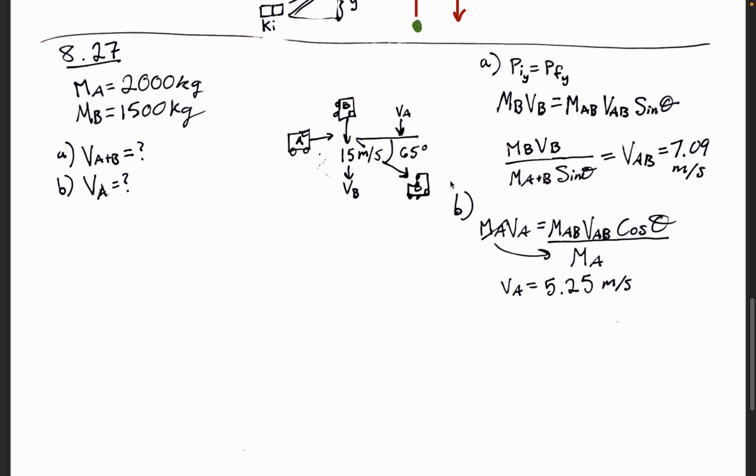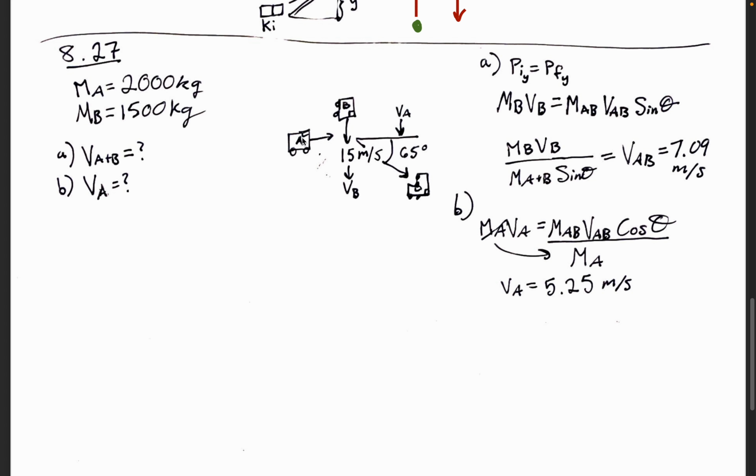In your role as an expert witness, you inspect the scene and determine that after the collision, the enmeshed cars moved at an angle 65 degrees south of east from the point of impact. A, how fast were the enmeshed cars moving just after the collision? And B, how fast was car A going just before the collision? So what is the velocity of the combined masses, and then what's the initial velocity of A?